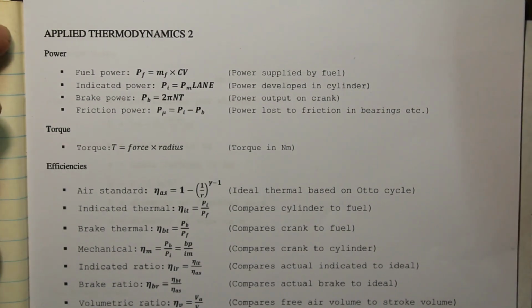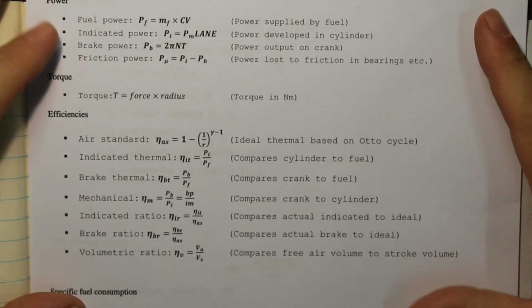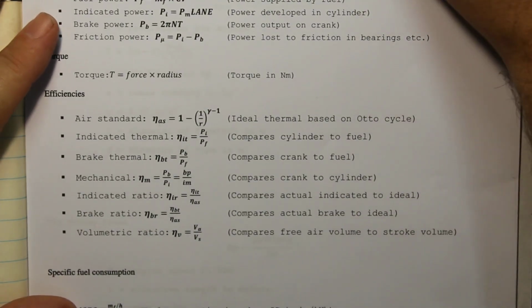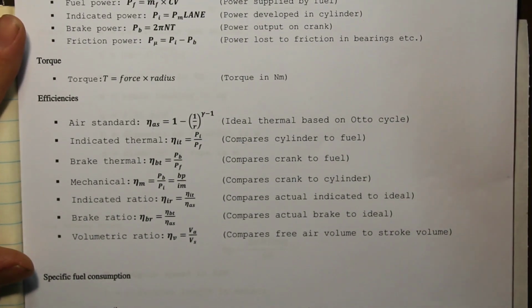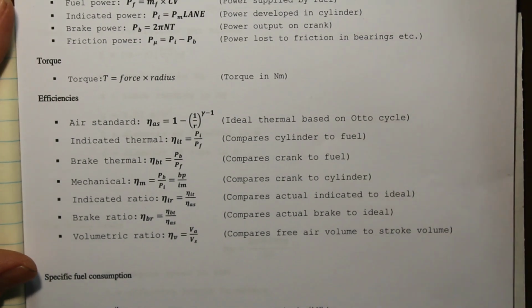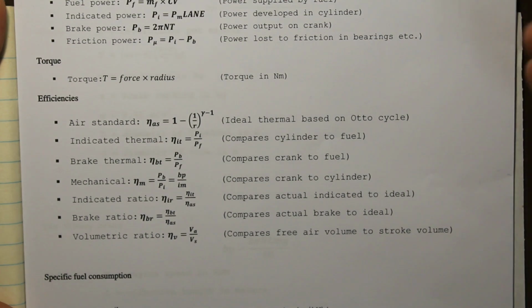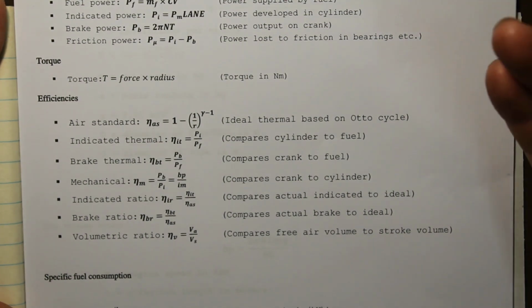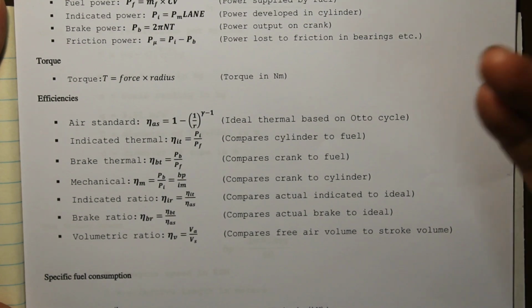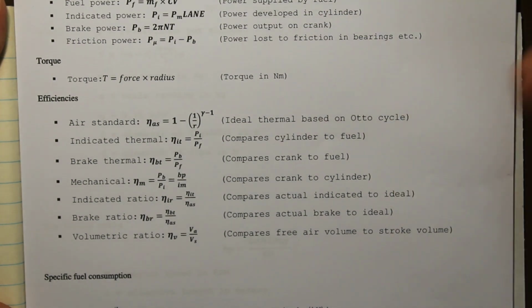You all know that in Newton meters. And then over here, there's a whole bunch of efficiencies, and this is nothing to be scared of, but you just need to be aware of these different types of efficiencies. They are just comparing different powers and different efficiencies together.